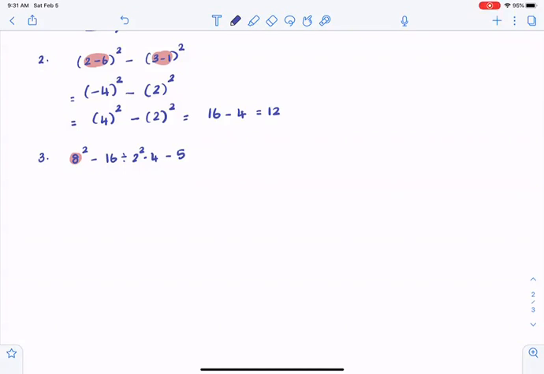First things that we need to take care of would be the exponents, because PEMDAS, no parentheses here. So we just have to take care of the exponent. First, 64 minus 16 divided by 4 times 4 minus 5.